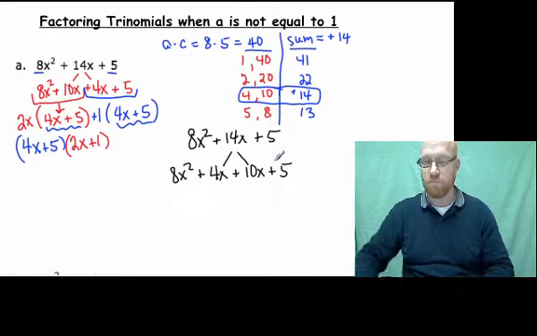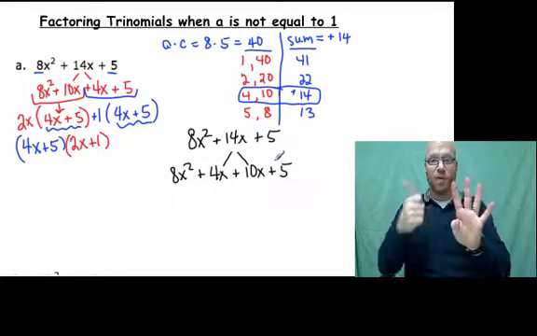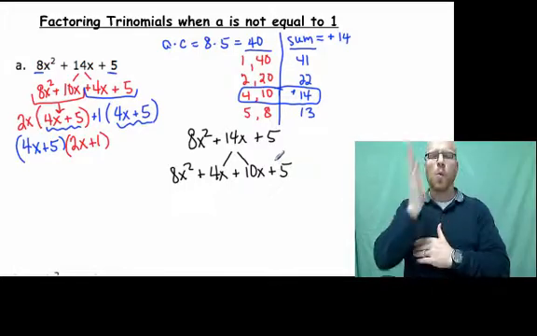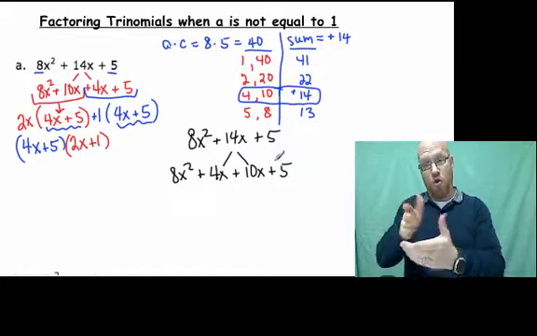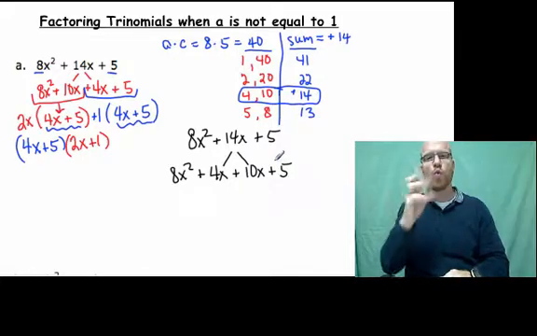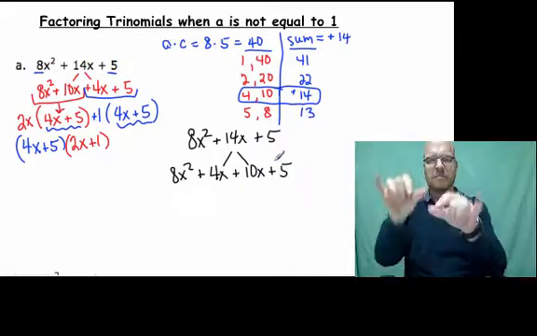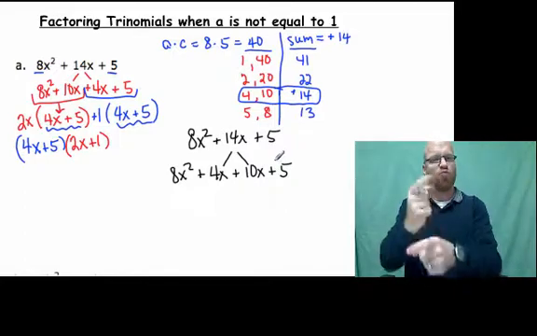Now, you see in reverse order, it was 10x plus 4x. Now I'm doing 4x plus 10x. It's still going to work out to the same answer. It's like having two different roads go to the same place. You're going to get to the same place, you just need to get there differently. Okay? It will work out.